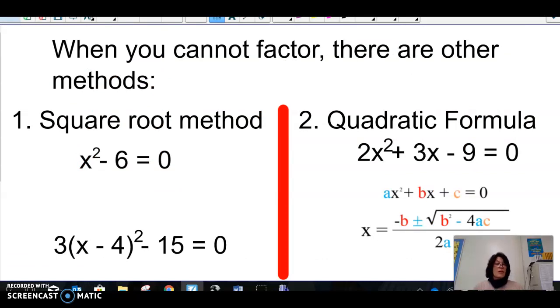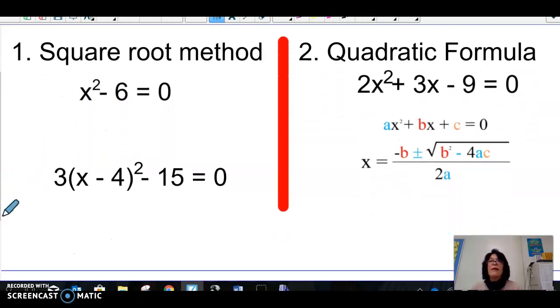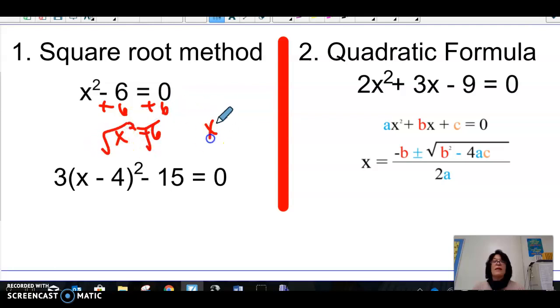Okay? So when you cannot factor, we still try to factor first, but when we can't, there are two methods. We either do the square root method, or we use the quadratic formula. So the square root method, we saw what that entailed, right? What we do is we add 6, we get the x squared by itself, and then we take the square root of both sides.